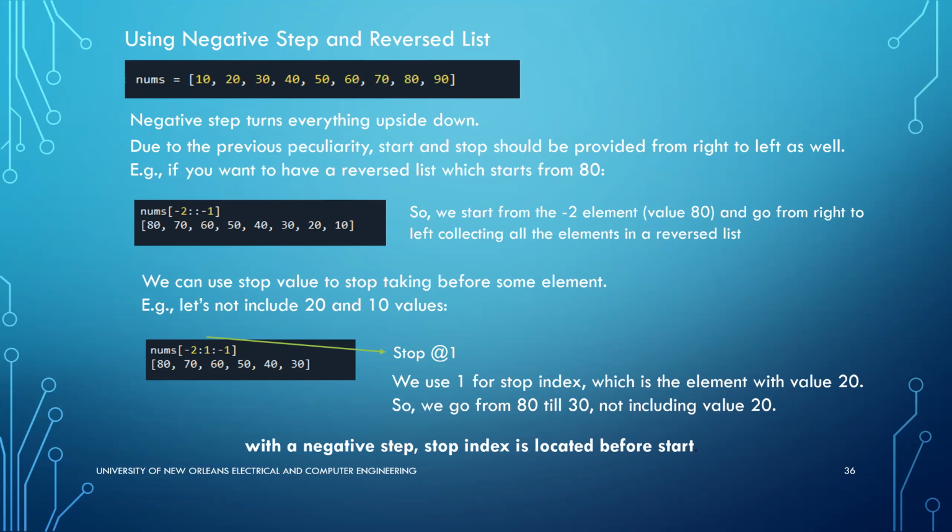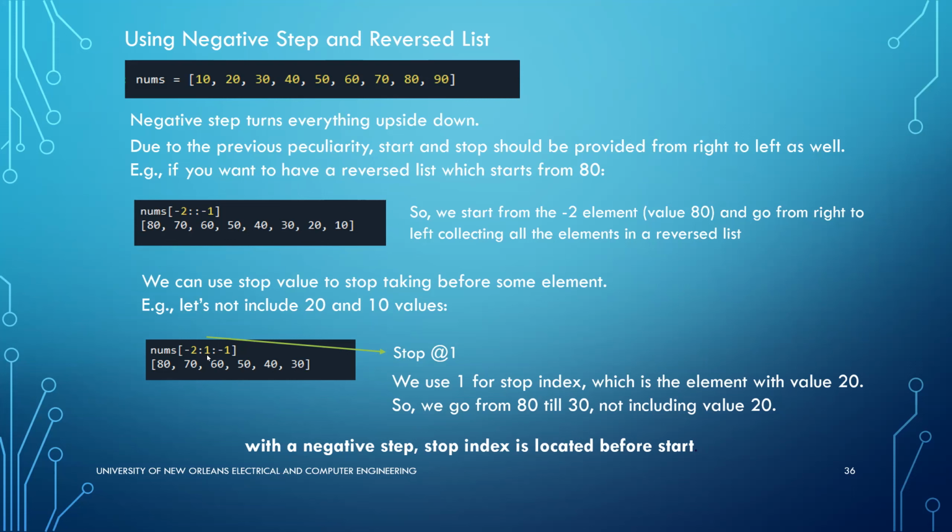We can use the stop value to stop taking before some elements. For example, if we don't want to include 20 and 10, like if we have this list and we want to exclude the 10 and the 20, the difference will be that we're going to stop at index 1, right?